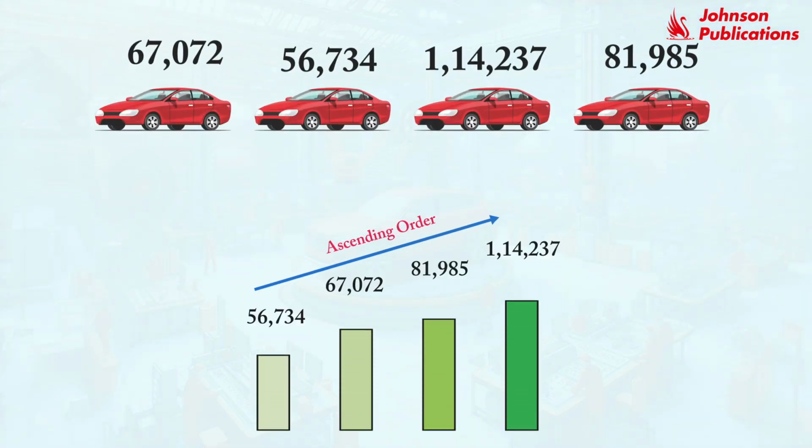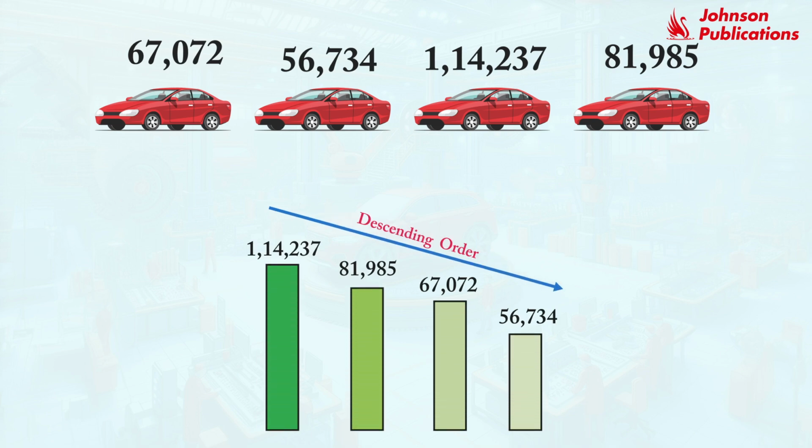The number with the least number of digits is the smallest one. Then we compare the numbers by comparing the place values of numbers from the highest place to the lower place. Similarly, we can arrange these numbers in descending order.